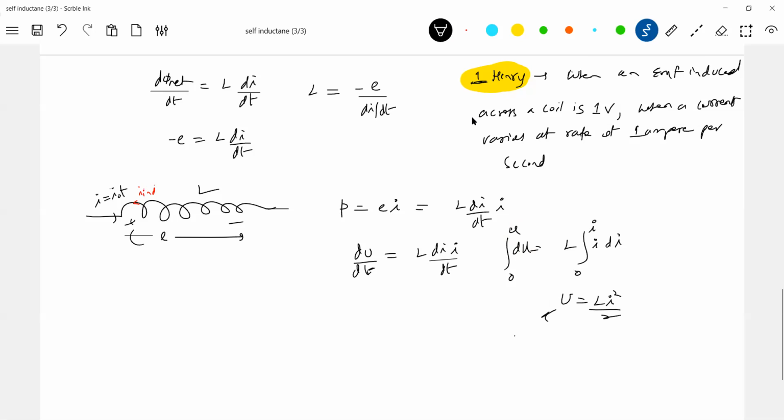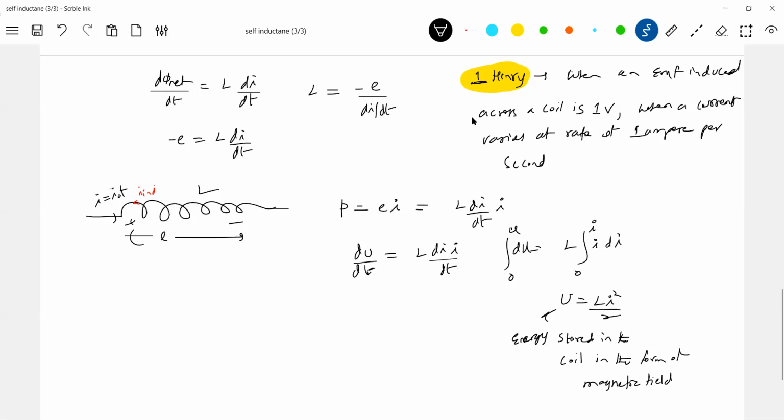So what is this? Energy stored in the coil. In what form? In the form of magnetic field. So altogether, what is the inductor? It's a device which will store magnetic energy. What is the capacitor?